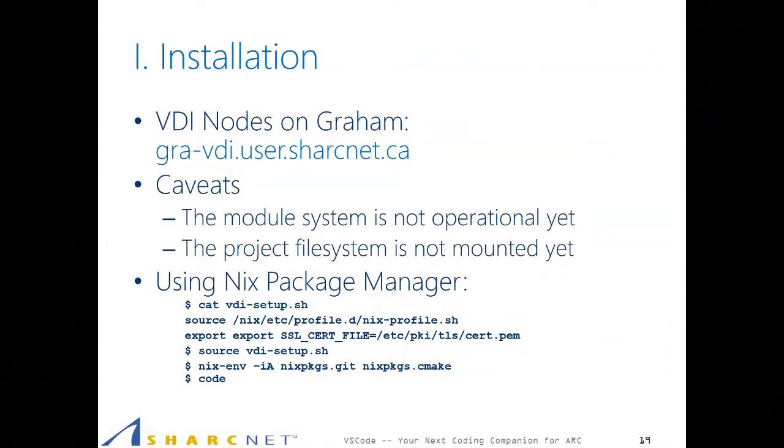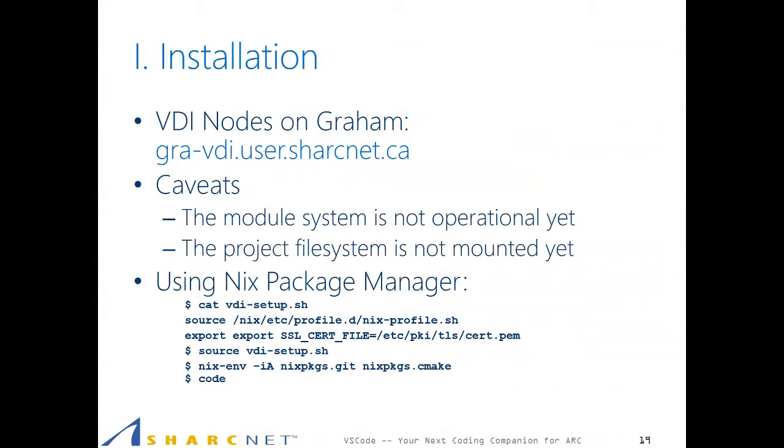You can access them using the address here, grad-vdi.user.sharcnet.ca. But there are two caveats here. The module system is not operational yet under the VDI. They are going to be, but not yet. And the other thing is that the project file system is not mounted yet, and it's also going to be there soon.